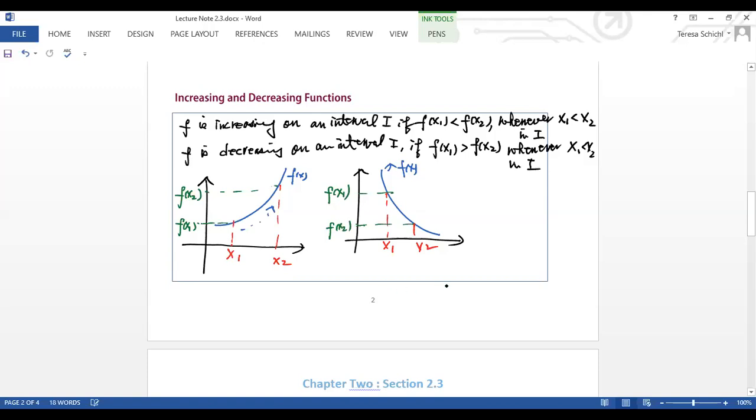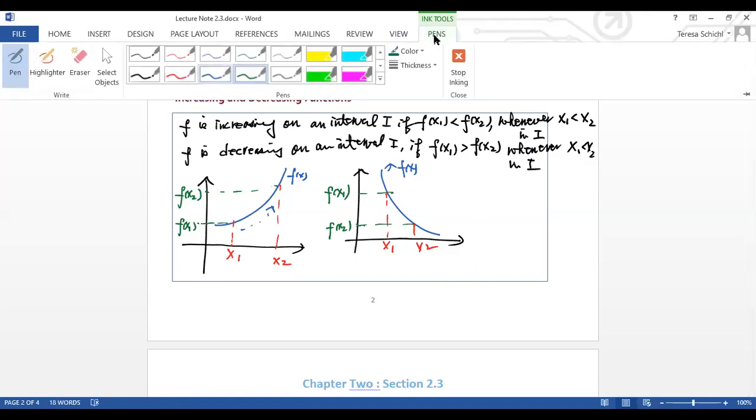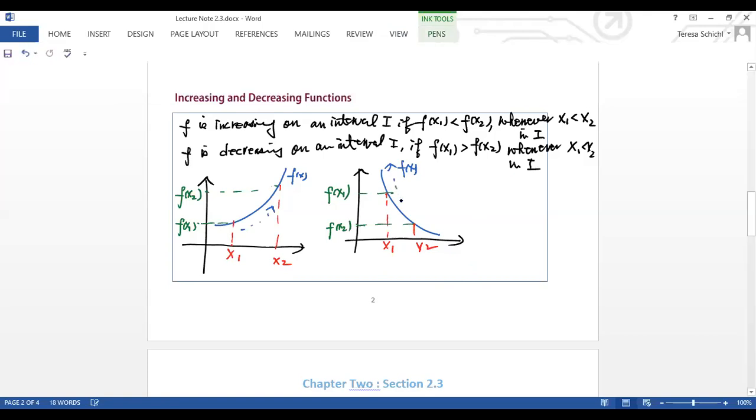As you can see, x2 is greater than x1, but f of x2 is less than f of x1. So this is going down, right? When we say going up or going down, it's always from left to right. Make sure we do that.